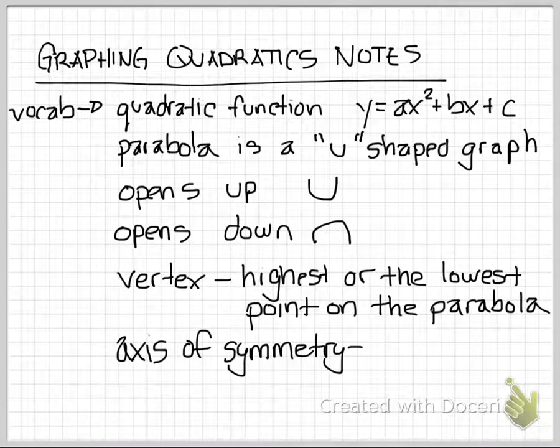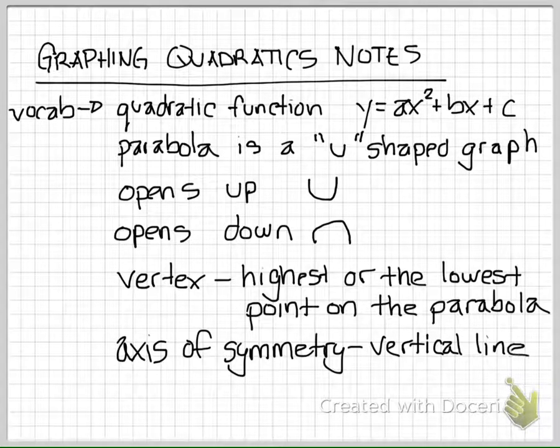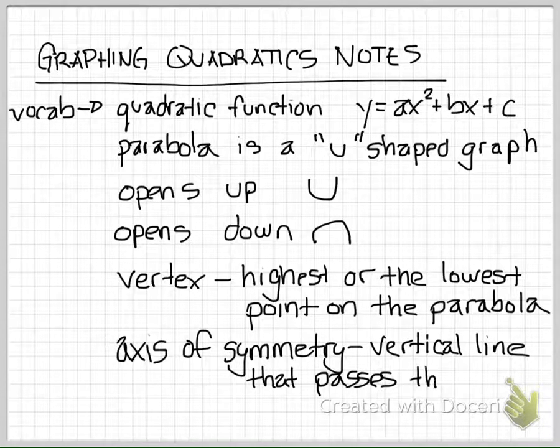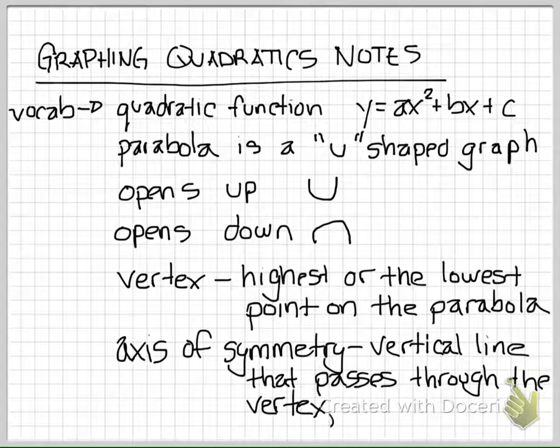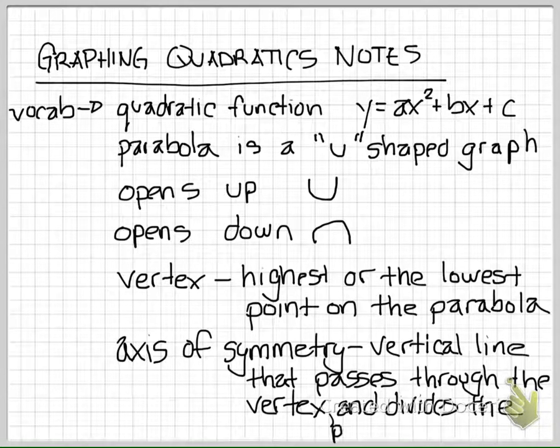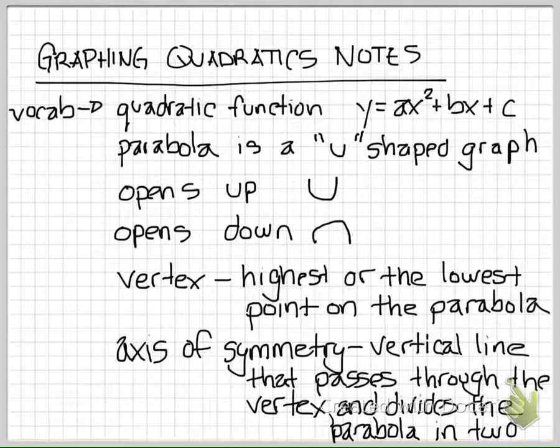The axis of symmetry is a vertical line that's going straight up and down, and it's imaginary, and it passes through the vertex, that's the highest or the lowest point, and divides the parabola in two, into two equal pieces. What's on the left side will equal what's on the right side.